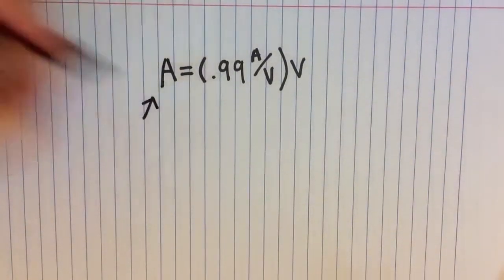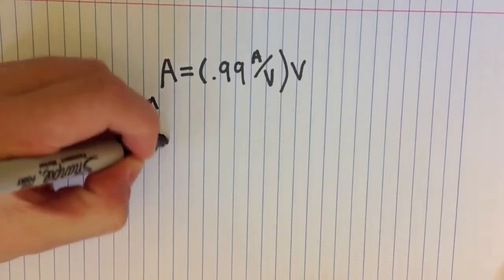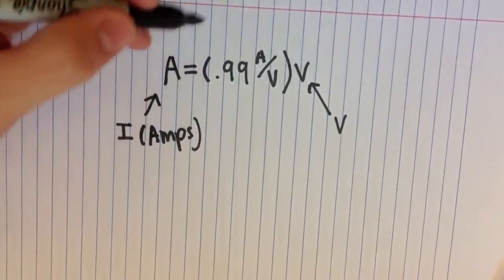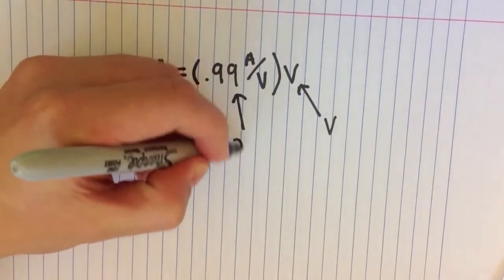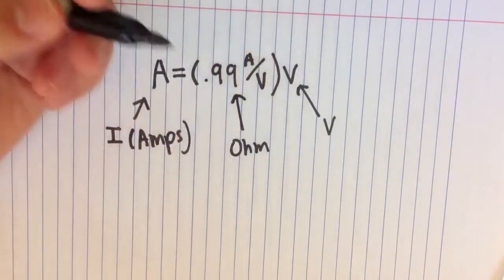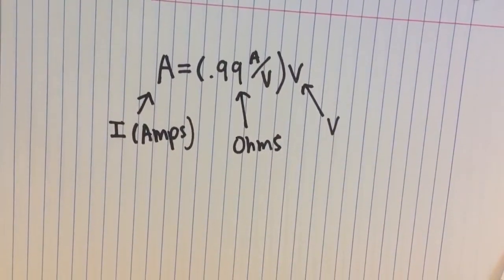Because look, if you see here, this is our current in terms of amps. And this obviously is just our volts, or what you'd be plugging in. But also we have this constant right here, and this constant is actually ohms. So how do I know that 0.99 is our ohms?